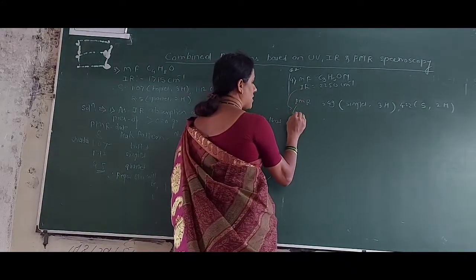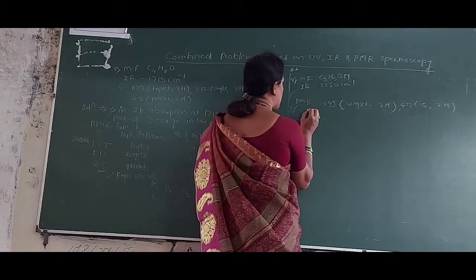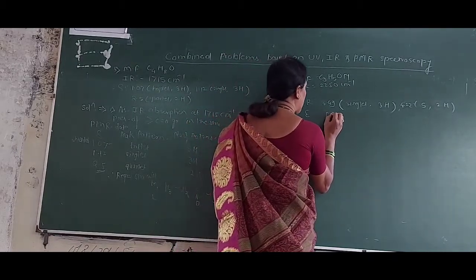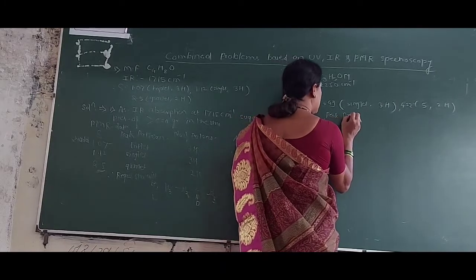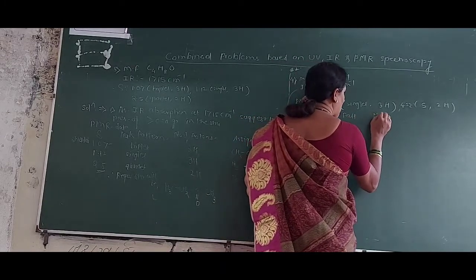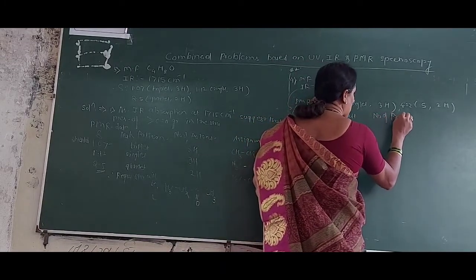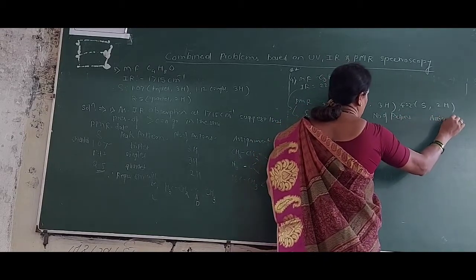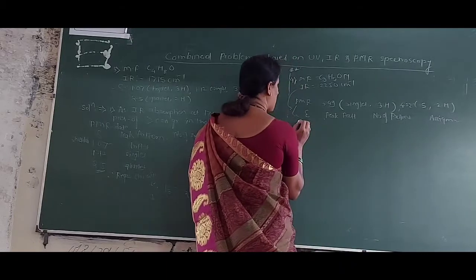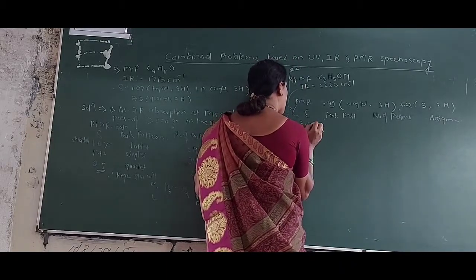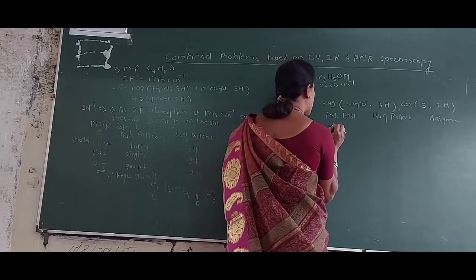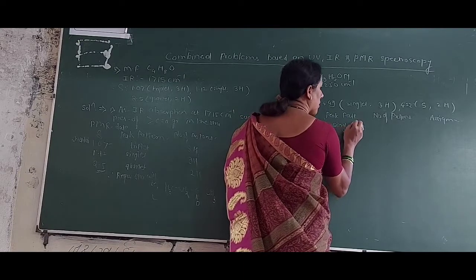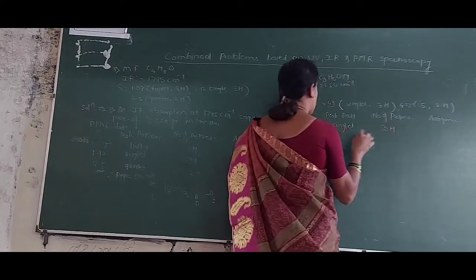So first we will consider the NMR data as first the delta value, then the peak pattern, the number of protons, and then the assignment. First one, 3.49. The peak pattern is singlet, due to 3 protons.